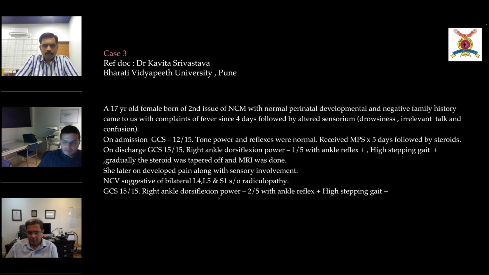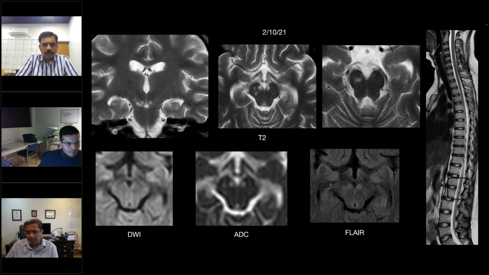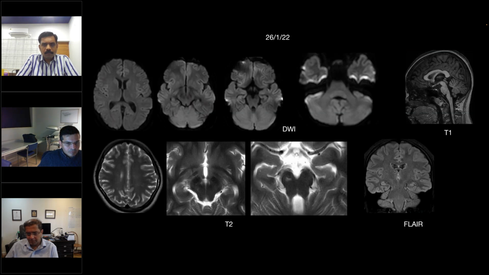And following that, high stepping gait was noted. So subsequently, the child is coming to us for follow-up, but still the power has not improved yet. And the subsequent spinal screening which we had done was also normal. So what is the possible explanation? We wanted to know.